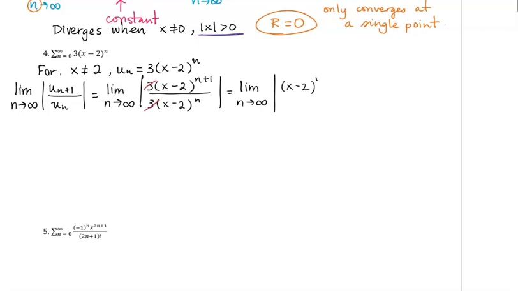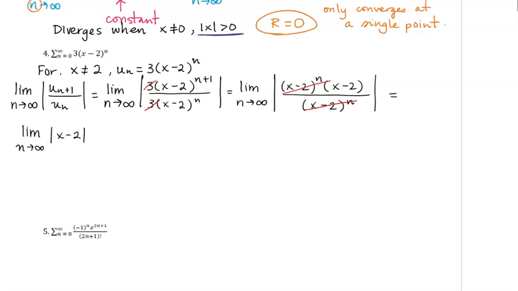In the numerator, we have x minus 2 to the n with an extra x minus 2. And in the denominator, we just have x minus 2 to the n. And so we are just left with the limit as n approaches infinity of the absolute value of x minus 2. So the x minus 2 to the n's canceled. This is what we are left with.